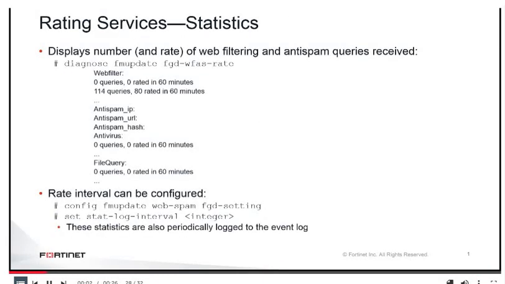You can view statistics about rating requests made by FortiGate to FortiManager using the command diagnose fmupdate fgd wfas rate. By default, this command displays the request rates for the last 60 minutes. However, the time period can be changed using the command shown on this slide. This information is also periodically logged in the event log.